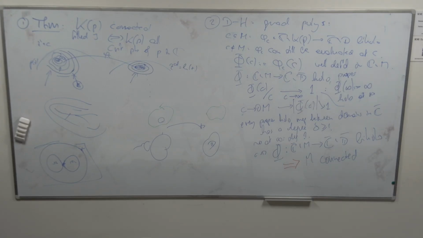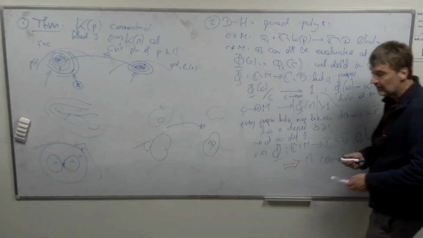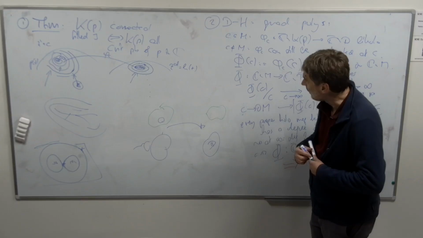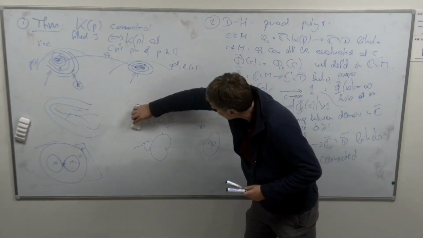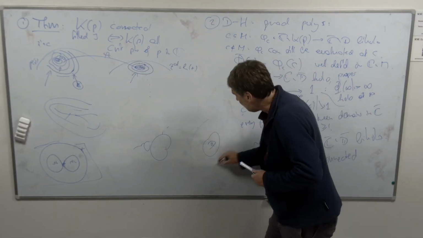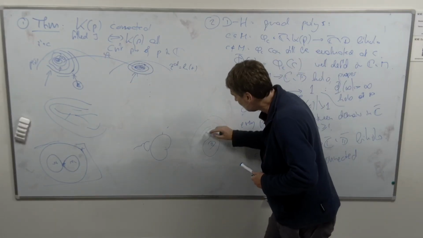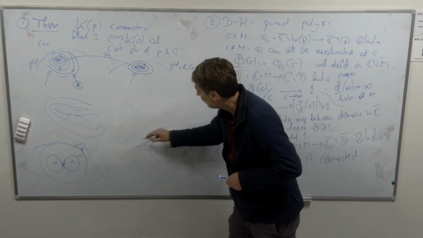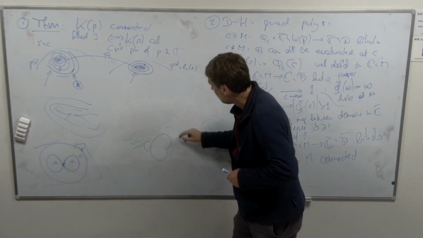A different way of seeing that the Mandelbrot set is connected is by talking, if we erase these things. I take a family of concentric circles, like so. I have pre-images here. The map is here.